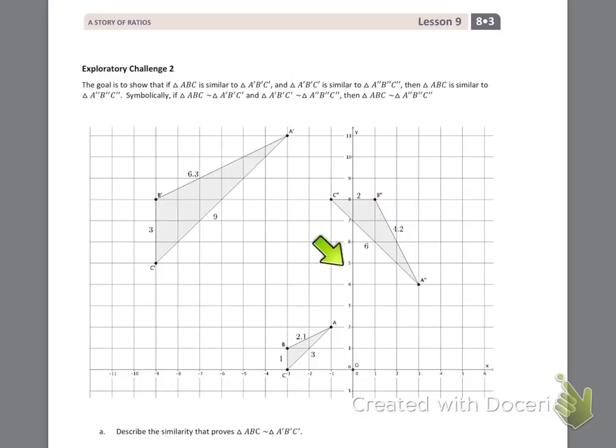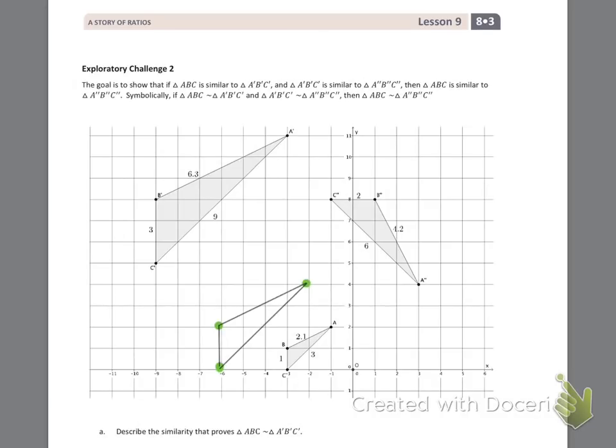So can I assume then that this triangle is similar to that triangle? So we're going to show it, and that verifies the transitive property for similarity. All right, so let's see what that would look like. Go ahead and do it on your own and then check your work against mine.